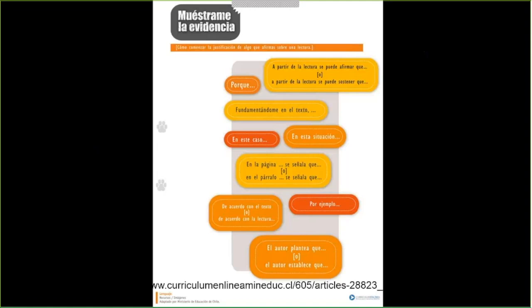So in this case, in this situation, on page such and such, it shows that in agreement with the text or the reading, this is what it says. The author establishes that, so you're giving them little sentence starters that up the level of their academic language as they're summarizing things. Here's an example for scaffolding their ability to give opinions.